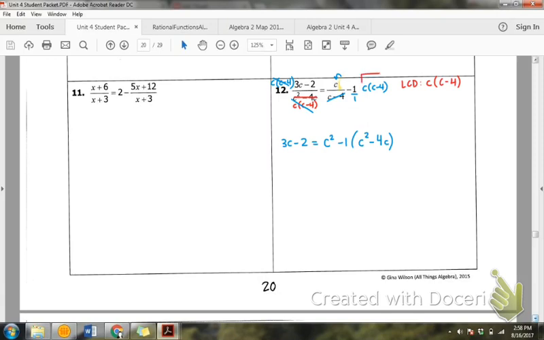This is the same thing as c squared minus 4c. Okay. So now if we simplify these things, 3c minus 2 equals c squared, and then what's going to happen here? Our signs are going to change, right? So minus c squared plus 4c.